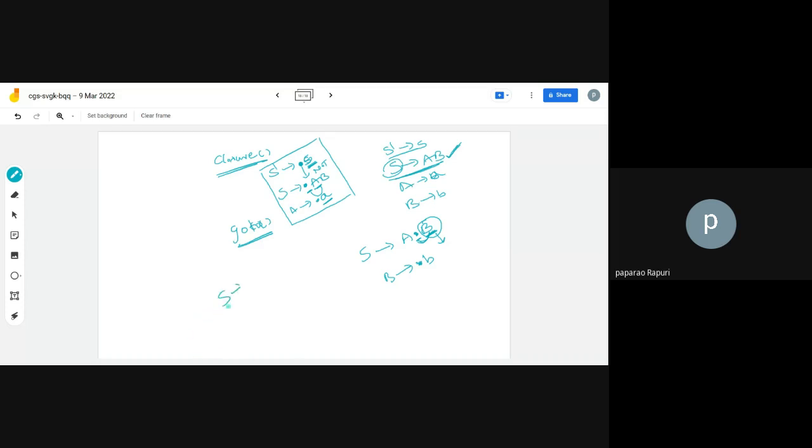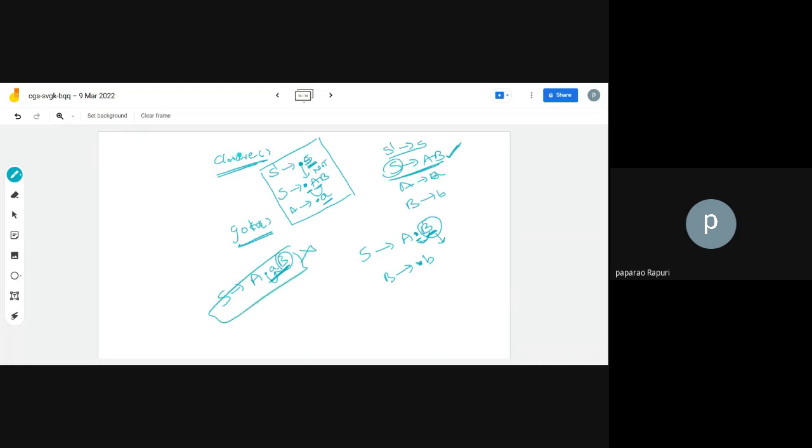Suppose there is a production like A derives a dot AB. Is there a need to add B productions in this? No, sir, because immediately after the dot symbol we have a terminal, not a non-terminal, so no need to add.